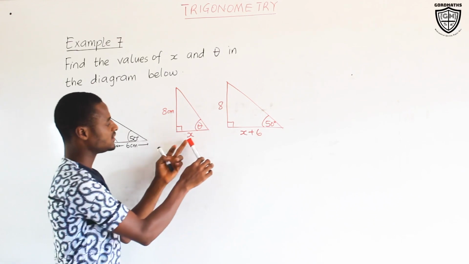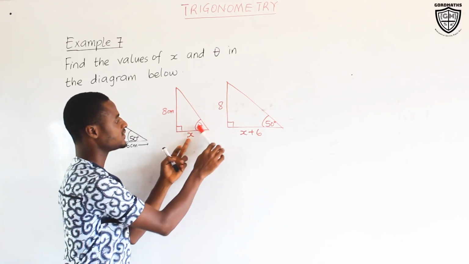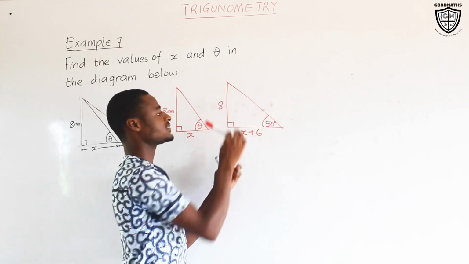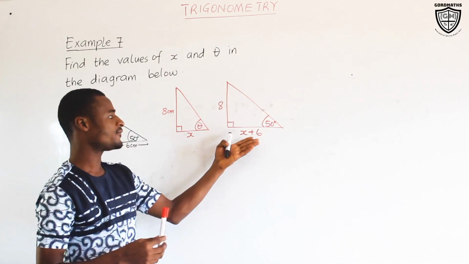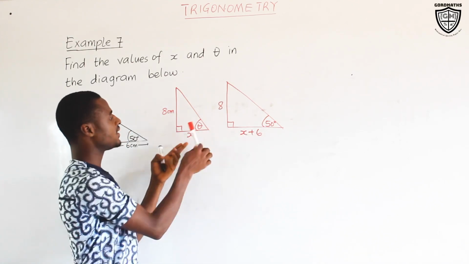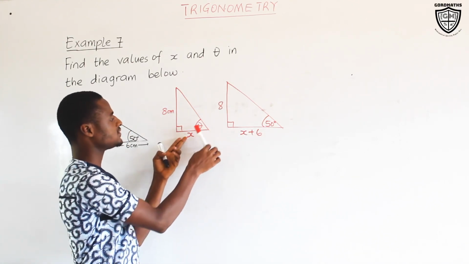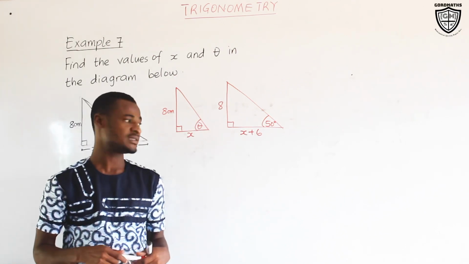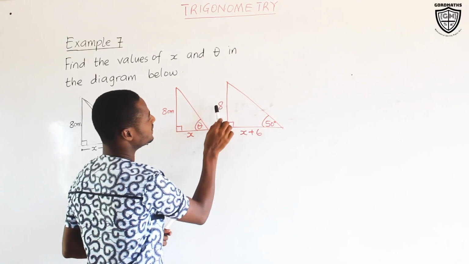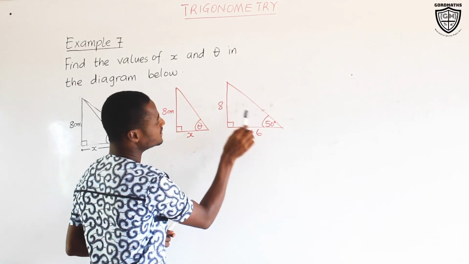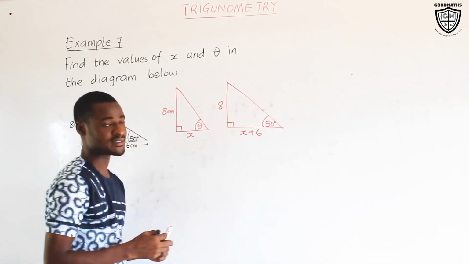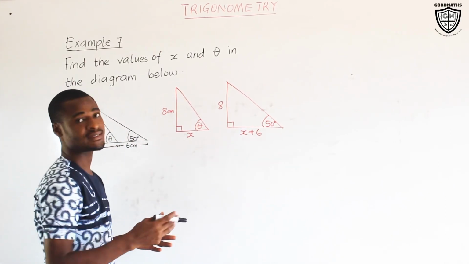We want to find the values of x and theta. Now remember that in this right angle triangle we have x and theta. Here we have only x and another side. So we can find the value of x from this right angle triangle, and then from there we use the value of x to get the value of theta. So since we have these two sides, where 8 is opposite to 50 degrees and then x plus 6 is adjacent, then we will use the tan.